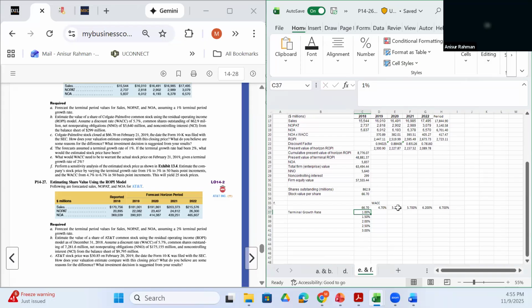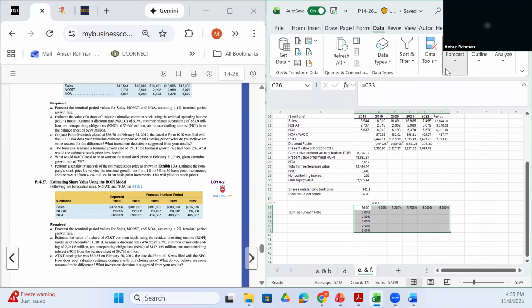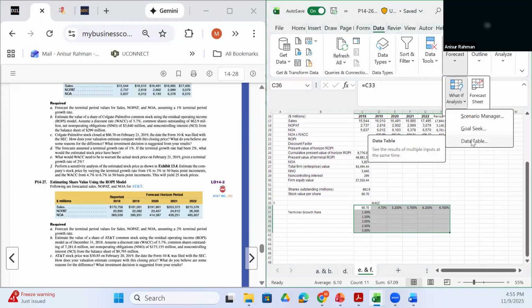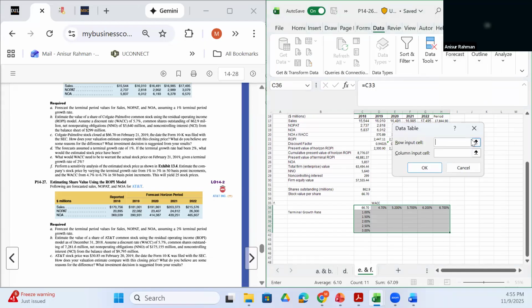And then you are going to highlight this entire block. Go to Data, Forecast, What-If, choose Data Table. Now, this first cell is asking for the row input cell, meaning WACC is in the row.